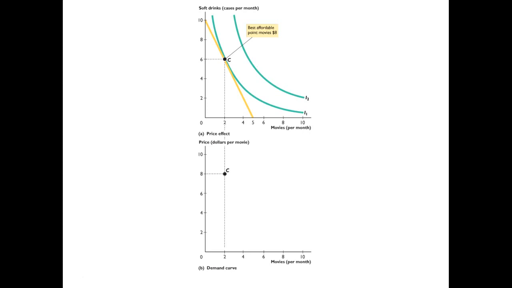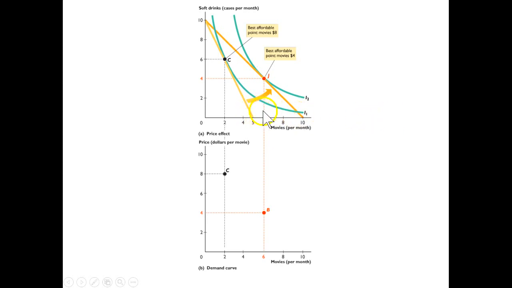What we need is another point in order to construct a demand curve. And what we want to do is change the price of movies and see what happens to the quantity demanded of movies. So, if we change the price of movies to $4, the budget line swivels outwards. That is, due to the cheaper movies, our consumer is able to purchase more movies than before.